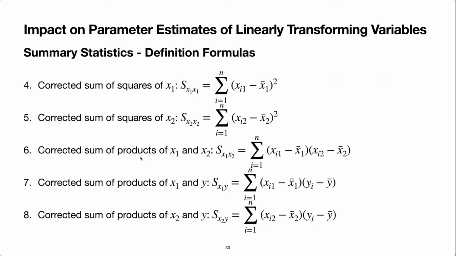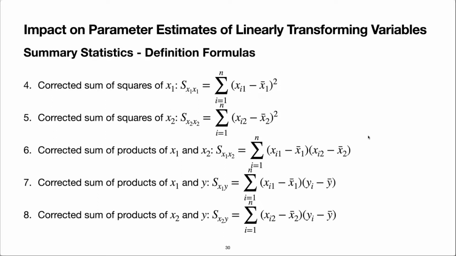Then we have the corrected sum of products for x1 and x2, denoted by cap S sub x1, x2. We have the corrected sum of products of x1 and y, denoted by cap S sub x1, y. And then we have the corrected sum of products of the x2 variable and the response variable y, denoted as cap S sub x2, y.